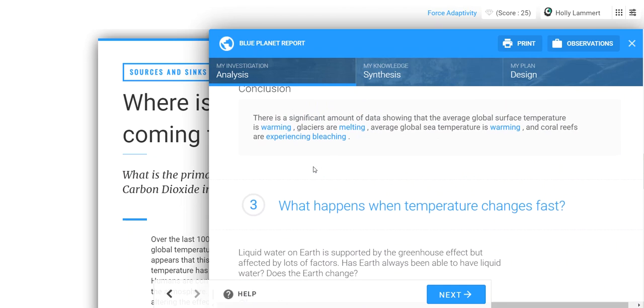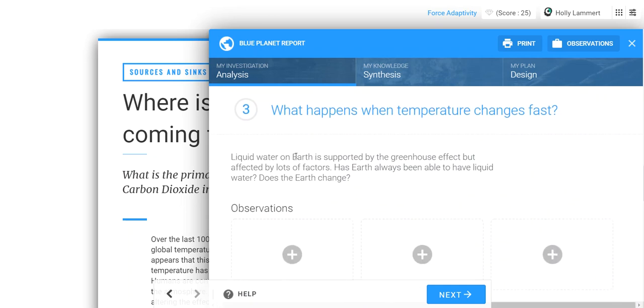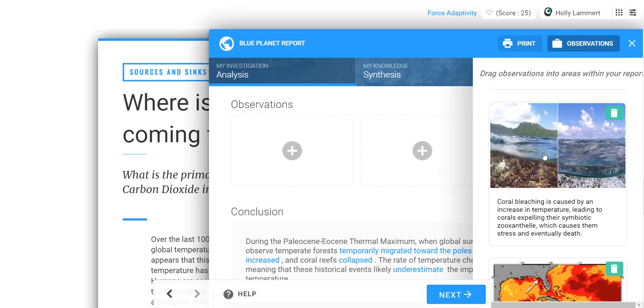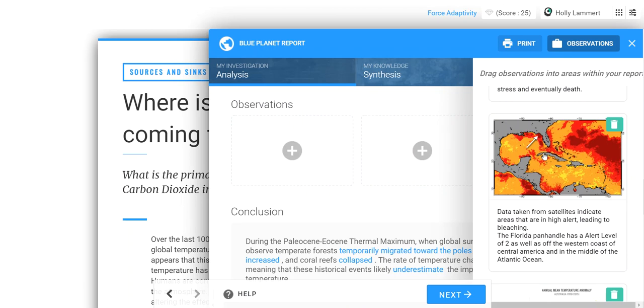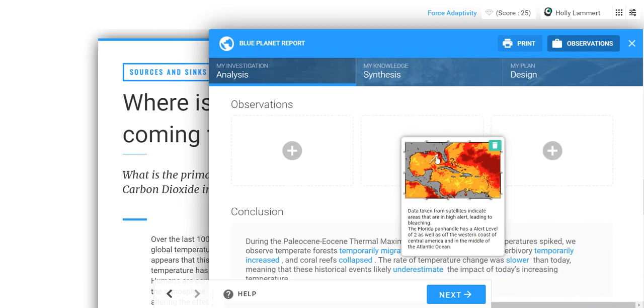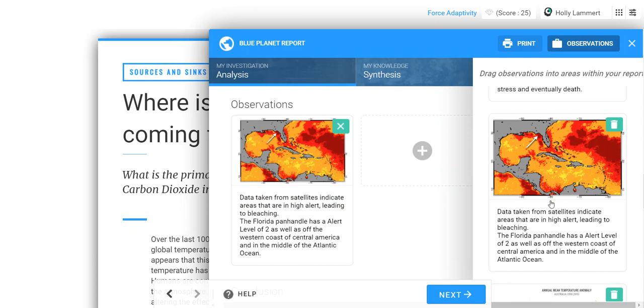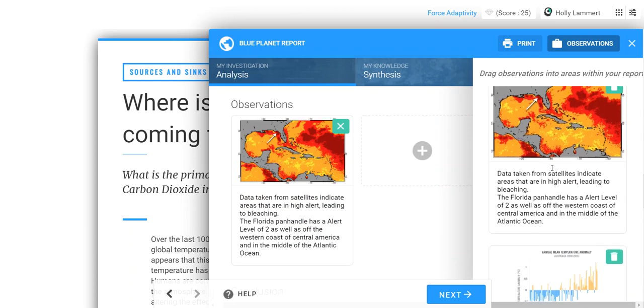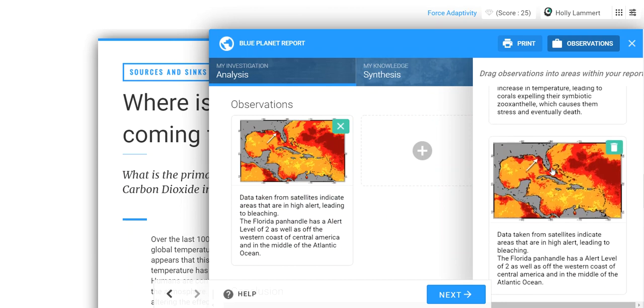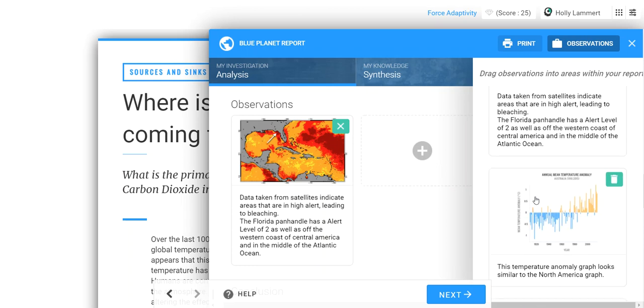All right, so what happens when the temperature changes fast? So let's go ahead and see which one of our observations would help. Oh yeah, this one would help. This was talking about data taken from satellites, looking at the bleaching that happens in different alert levels.